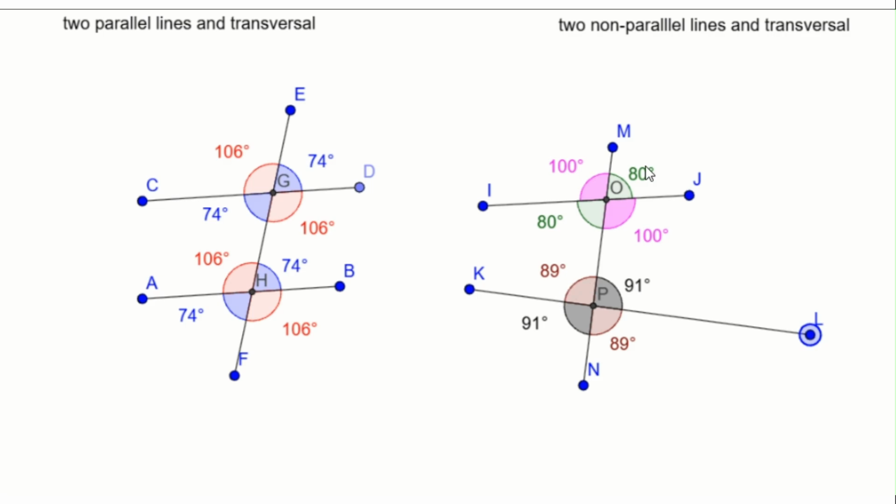But one thing does not happen in the case of non-parallel lines: here it makes an 80 degree angle in this block, but in this block it does not make 80 degrees, but here it is 91 degrees, because this is the case of a non-parallel line. I hope you understand what I am trying to say about parallel as well as non-parallel lines in the case of transversal lines. Thank you.